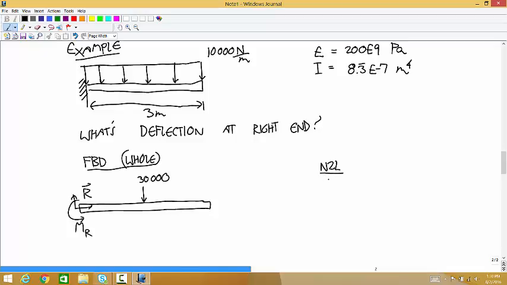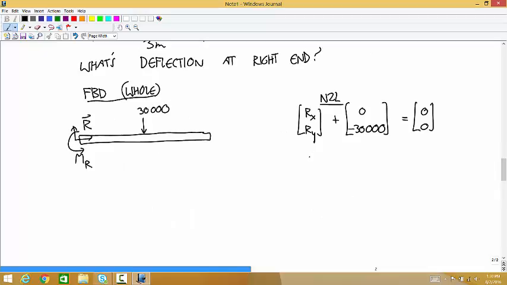So Newton's second law says Rx, Ry plus 0, negative 30,000 is equal to zeros. So this reaction load R is equal to 0, positive 30,000.